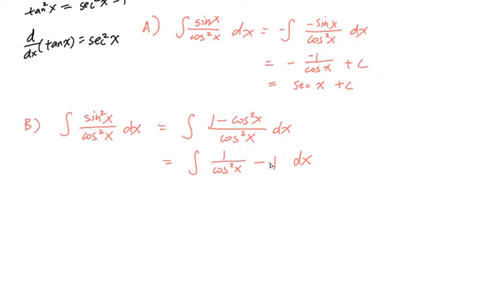Now we have figured out the x portion of it, but what about this left hand side? It's pretty obvious that this is a secant square, but we don't remember that.